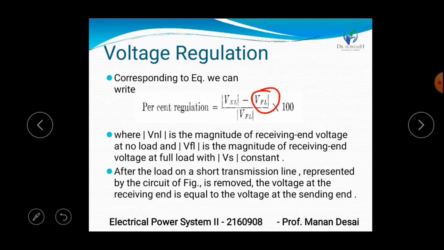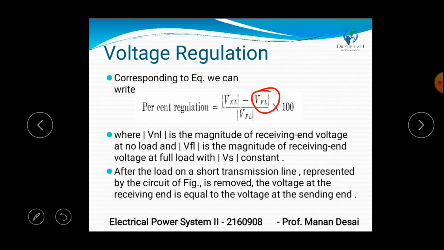Do you know which regulation is the best? I have two options, 10% or 80%. Think about it. 10% regulation and 80% regulation, which is the best?